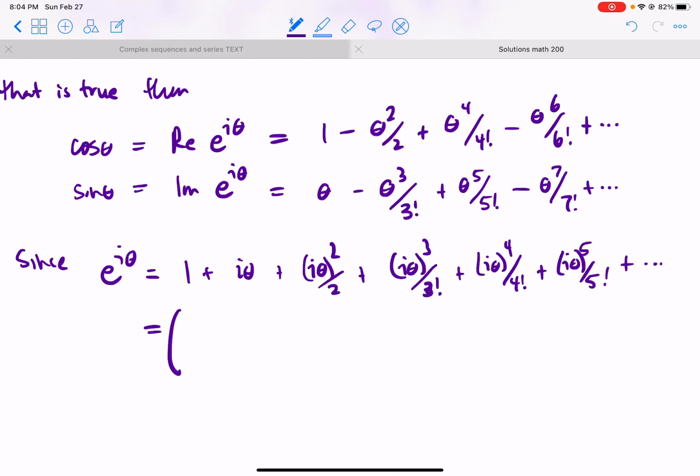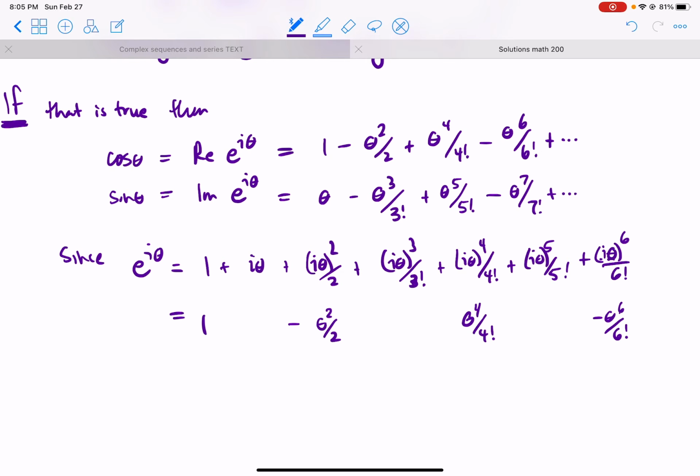Well, let's collect all the real parts. So this i squared will be minus 1. This i to the 4th will be just 1 again. And i to the 6th, in i theta to the 6th over 6 factorial, will be minus 1.